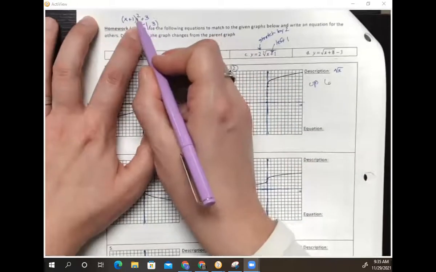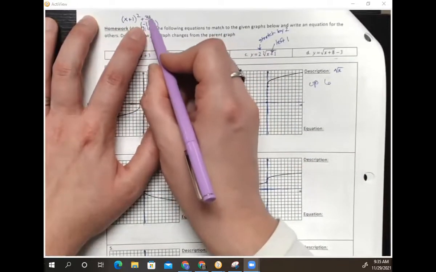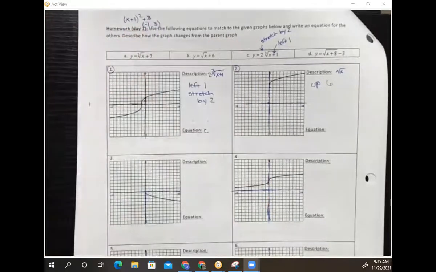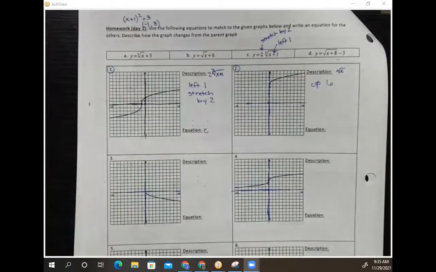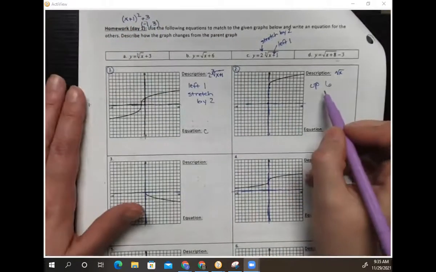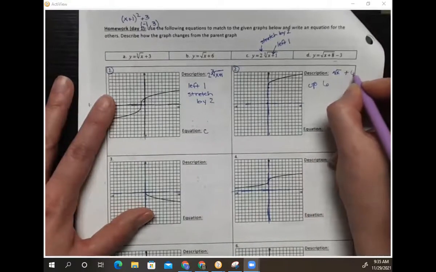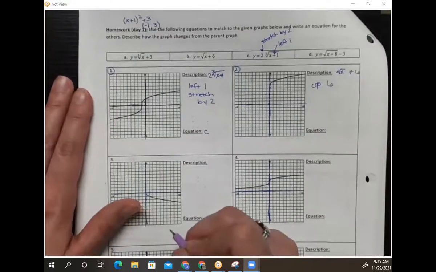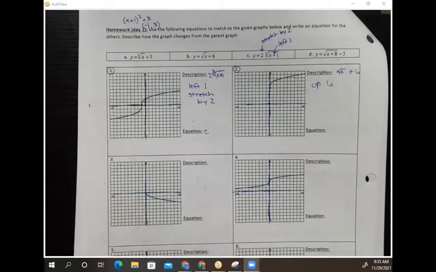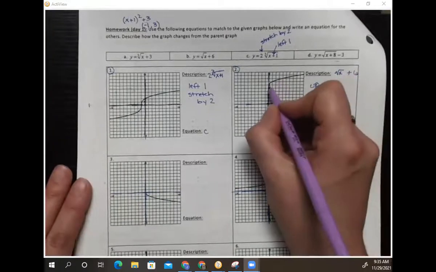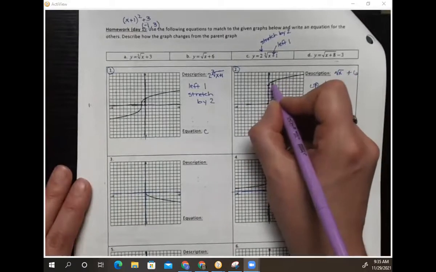So just like for our x squared functions, outside of x told me how I was moving up or down. It gave me the y coordinate for my vertex. I would have the same thing here. So this would tell me I would want +6 outside of that root. And then have I changed the stretch on this at all? Remember, my next point from the key should be up 1 and out 1.